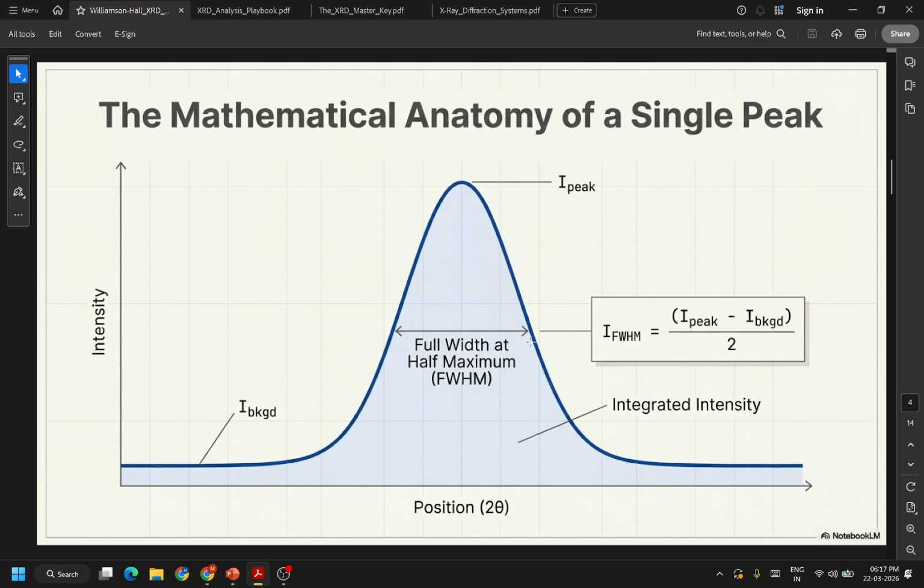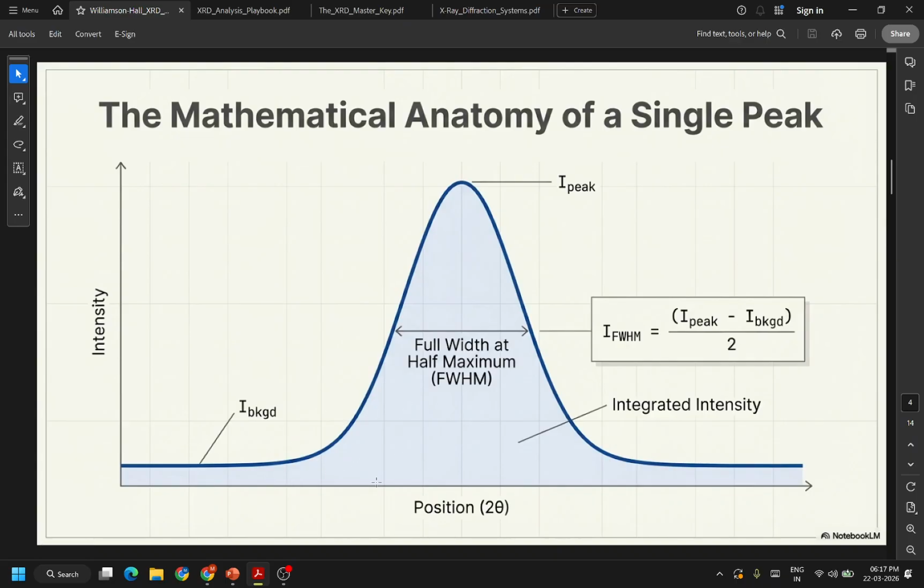And then you will have something called I background, which is the intensity in the flat region. This could be coming from your substrate, or from your instrument, or it could be noise. So this is the background.